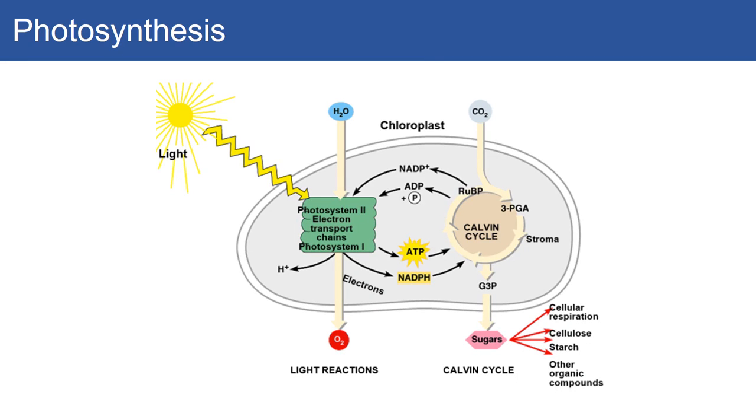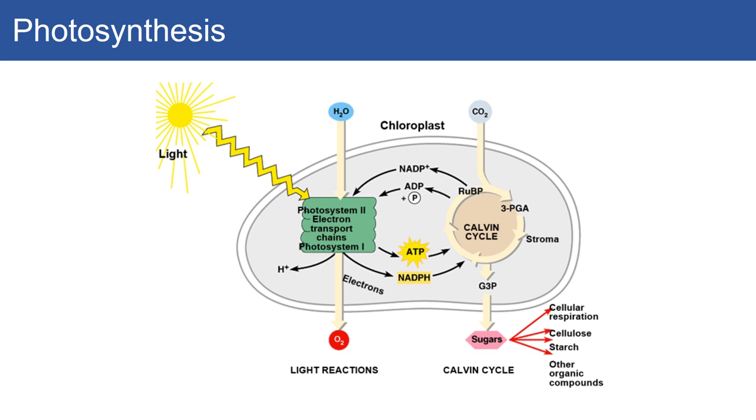The other main way is photosynthesis, and there are two types of photosynthetic reactions. One is a light reaction, where we convert solar energy, which is sunlight, to chemical energy, both ATP and NADPH. And there are also dark reactions, also known as the Calvin cycle or Calvin-Benson cycle.